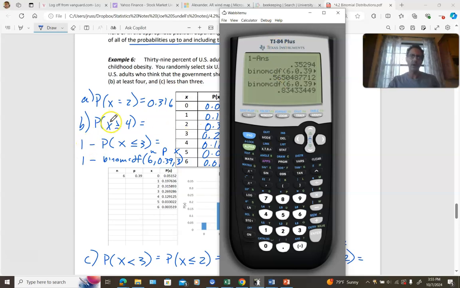Well, we're trying to find the probability that x is 4 or bigger, so we can use that idea of a complement. 1 minus the probability that x is 3 or less will give me the probability that x is 4 or greater. To grab that previous one, I'll just hit second and then answer and hit enter. This gives me a value of, rounded to 3 decimal places, 0.166.